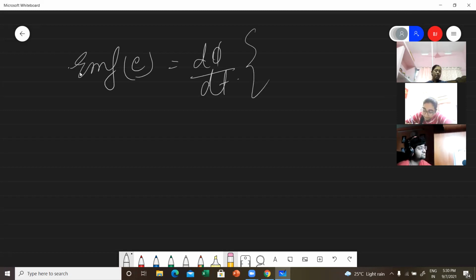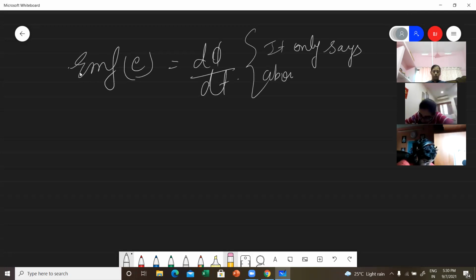It only says about the magnitude of the EMF, or you can say current, not the direction. Write it down. It only says about the magnitude of current, not the direction.